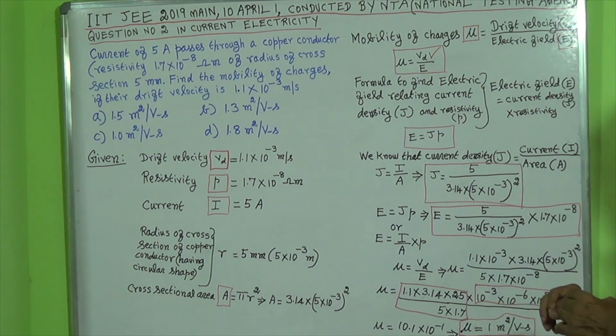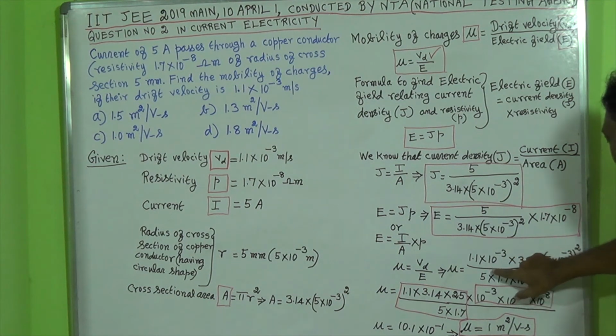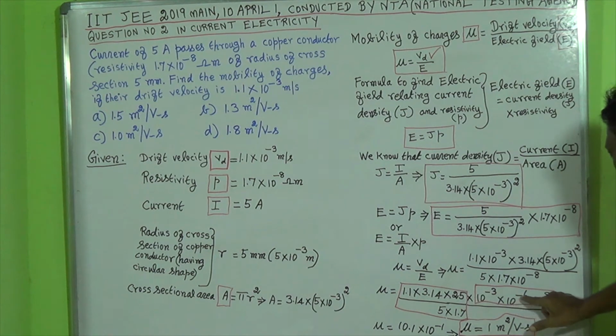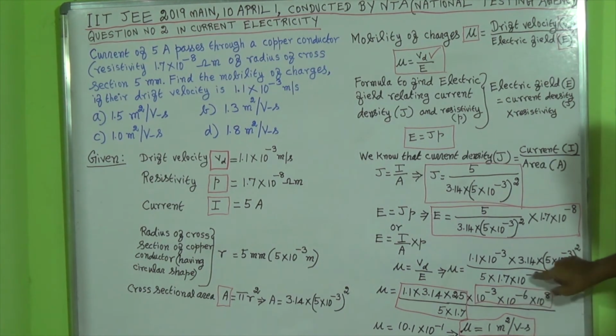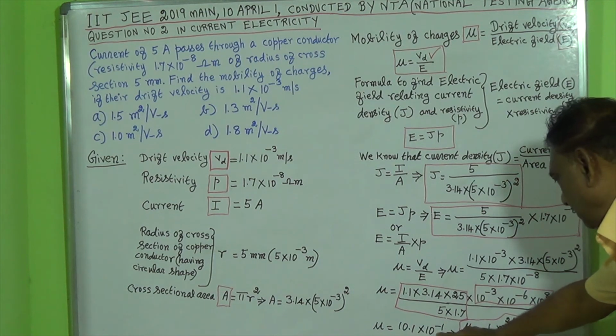If we consider all factors having the base 10 in the numerator, already there is 10 to the power of minus 3. If we multiply this 10 to the power of minus 3 into 2, we will get 10 to the power of minus 6. So here I have written the 10 to the power of minus 6. Then if we bring the 10 to the power of minus 8 from the denominator to the numerator, it will become 10 to the power of 8. So if we simplify all factors having the base 10, we will get 10 to the power of minus 1.